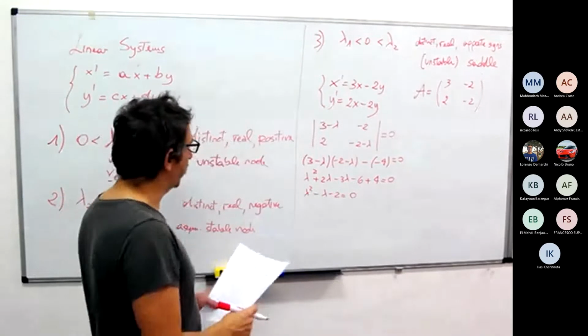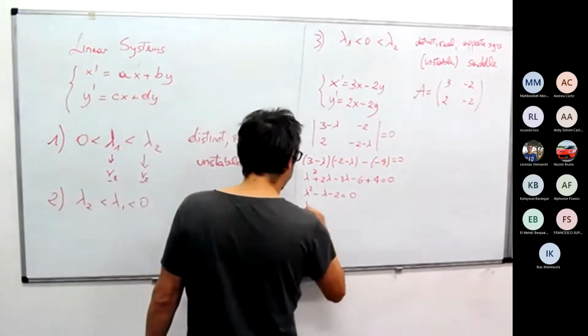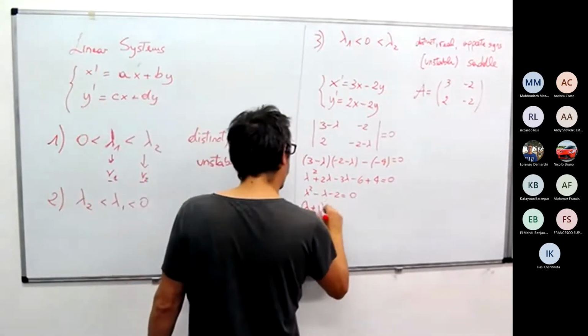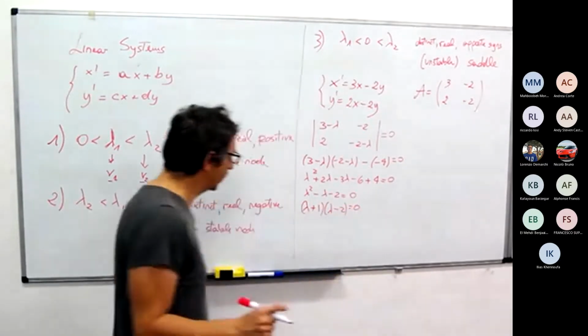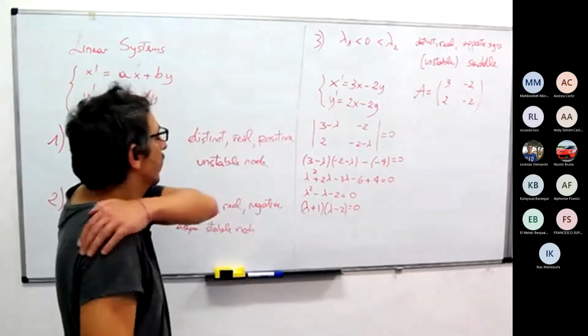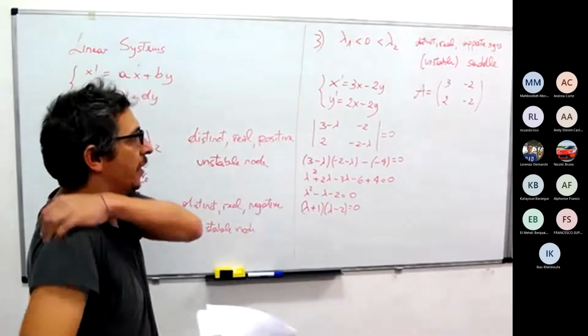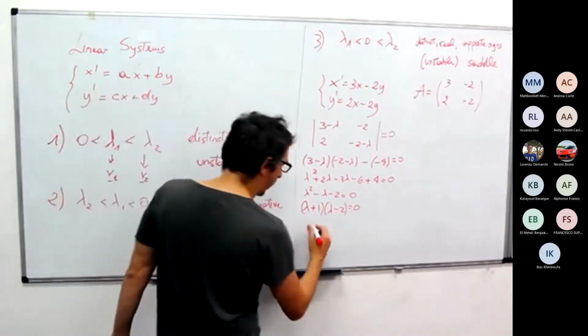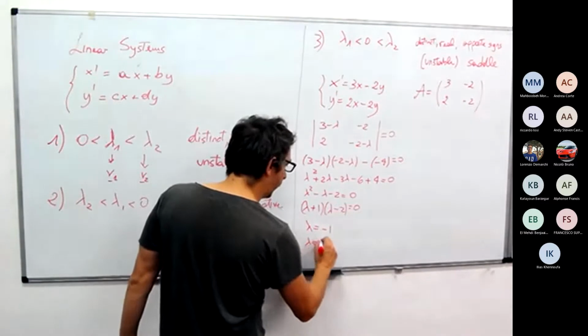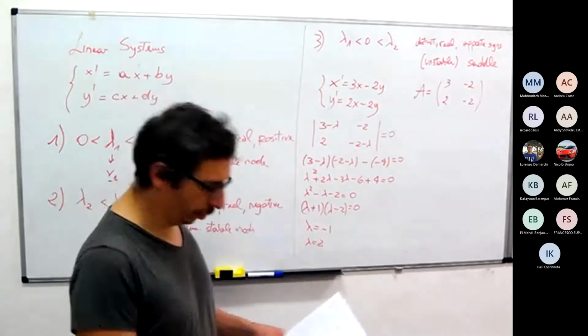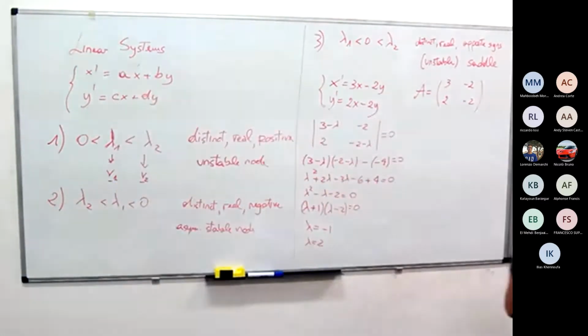Which is, if I'm correct, but check if I'm wrong or not, lambda plus 1 times lambda minus 2. Right? Correct. So basically the two eigenvalues are lambda equal to minus 1 and lambda equal to 2.